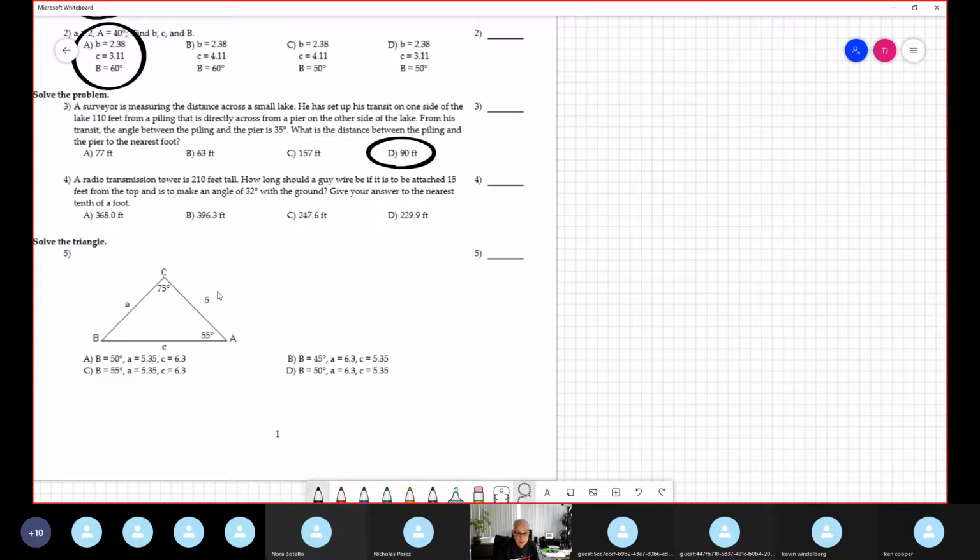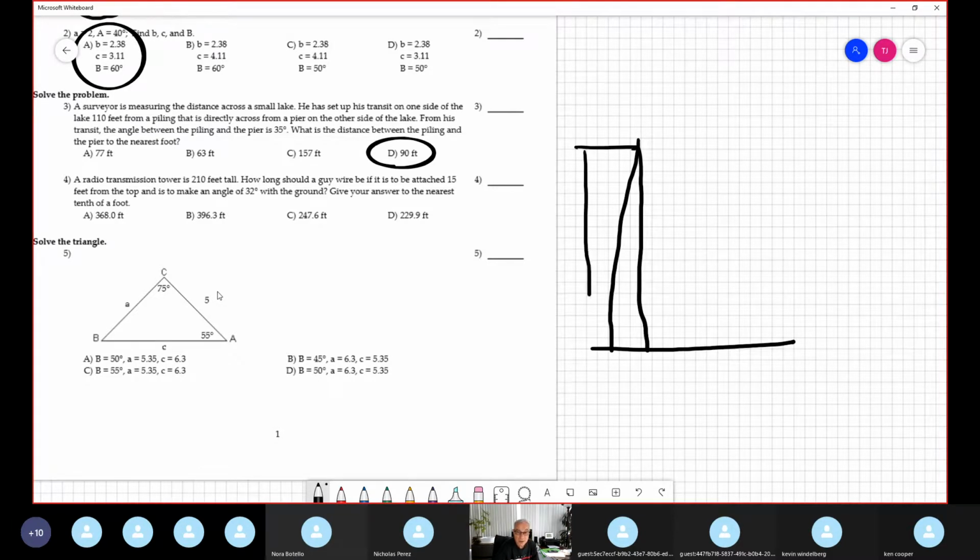So let me try to make a sketch. I suppose this is a tower. This is my tower. And the height is 210 feet.